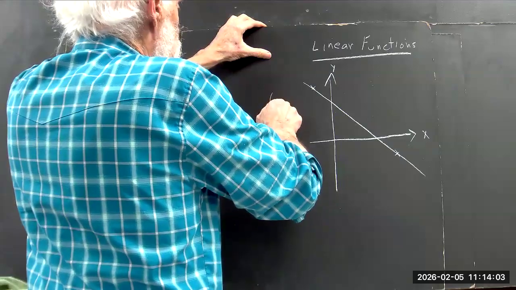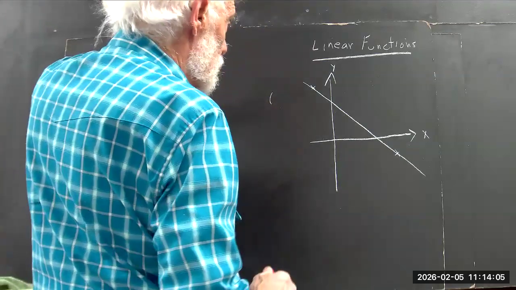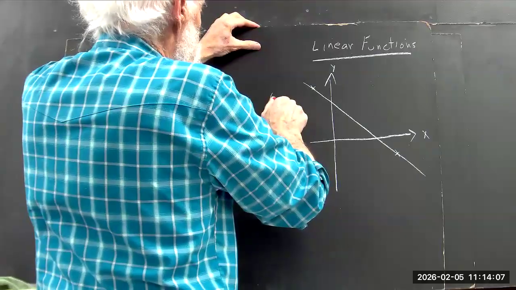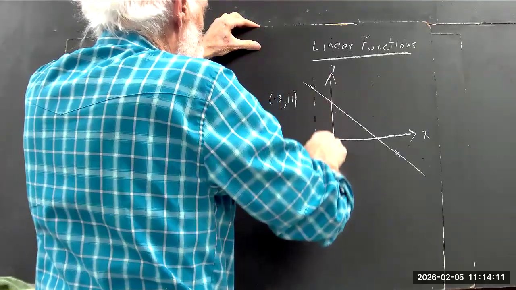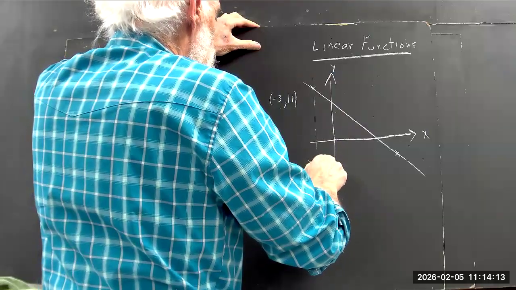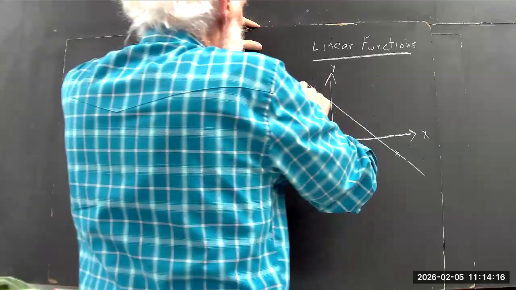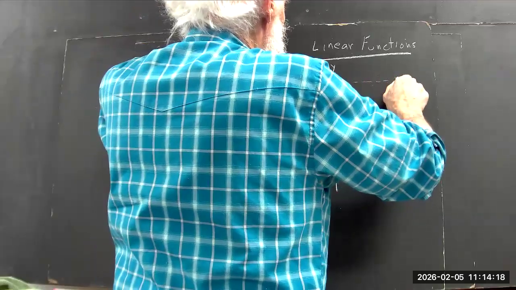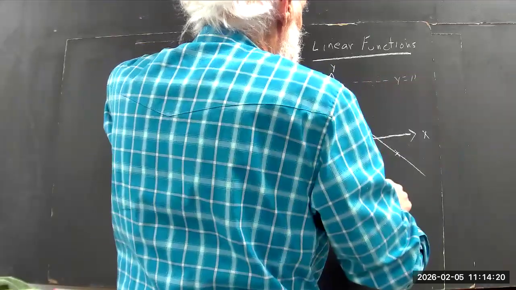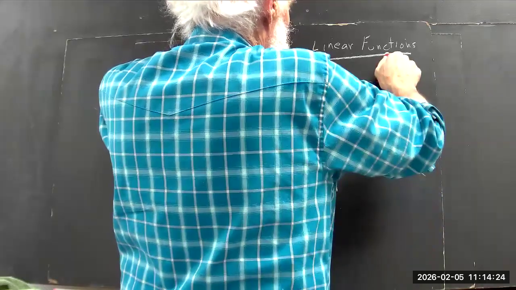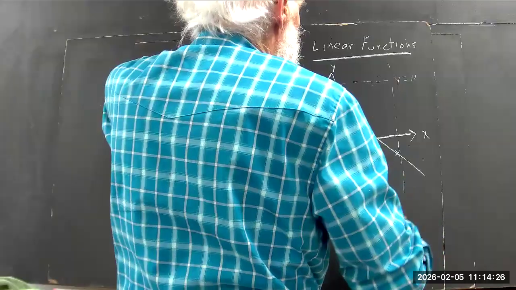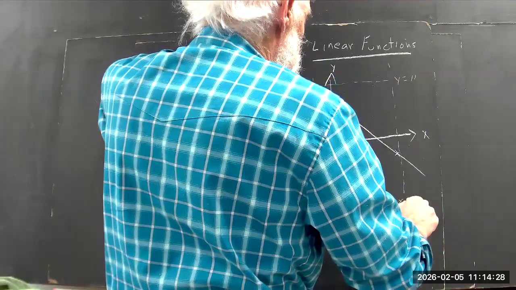So let's just say this point is, oh, what do you think? Let's say this is -3, 11. So that means this will be the line x equals -3, a vertical line, and the horizontal line would be y equals 11. Then a vertical line through the second point. I kind of missed it, but you understand what I'm doing.